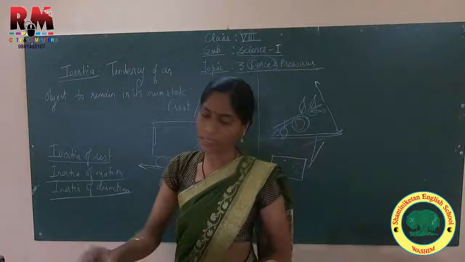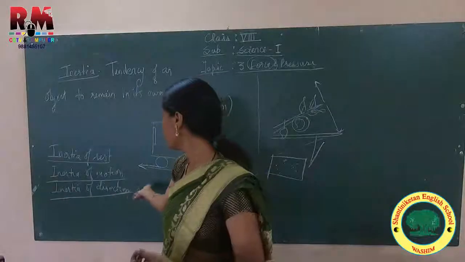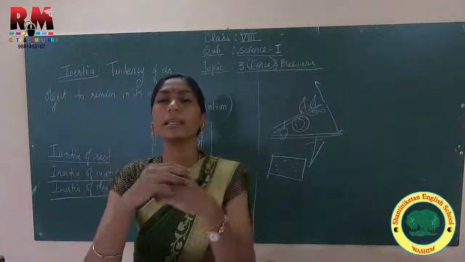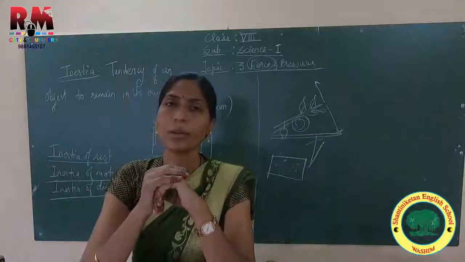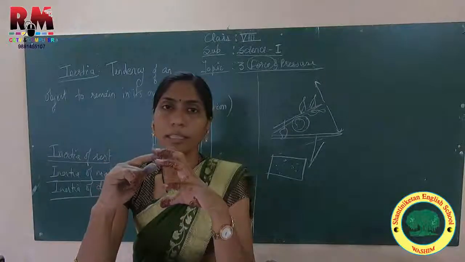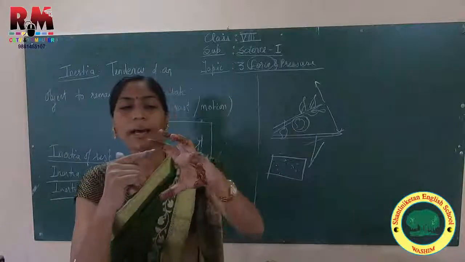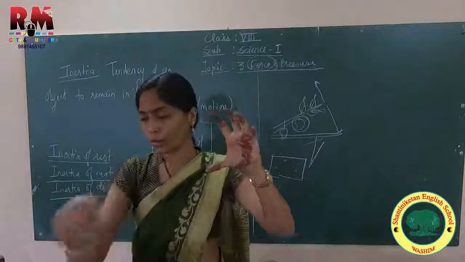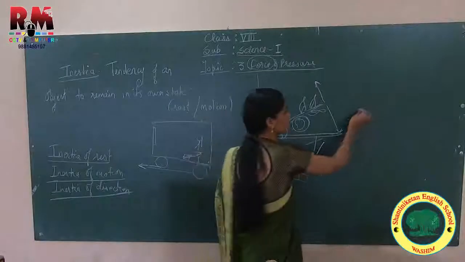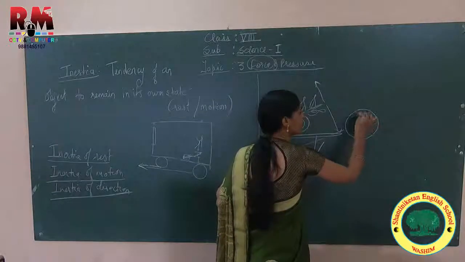Now, I have given the example of this bus also. Just see in the rainy season, the tires of your vehicles, okay. Suppose this is a vehicle tire, just imagine.